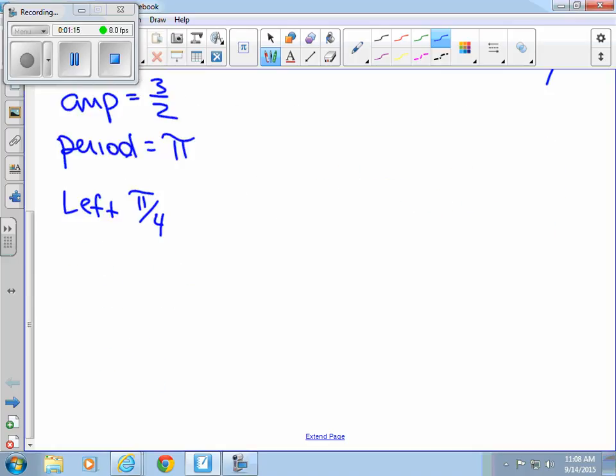Any questions so far? So, I'm going to plot this. My period is pi, which works out nicely. That means the 1 tick mark is pi over 4. That'll be nice when I'm plotting. We did some yesterday or Friday that weren't so nice, so they could turn out like that, but we like the ones that turn out nice.